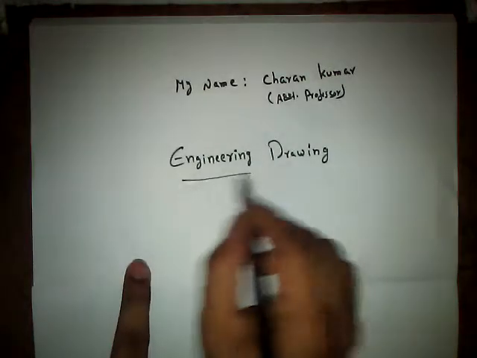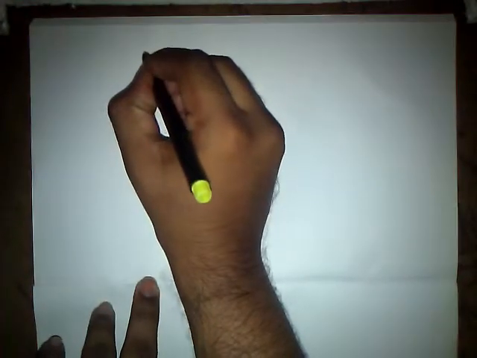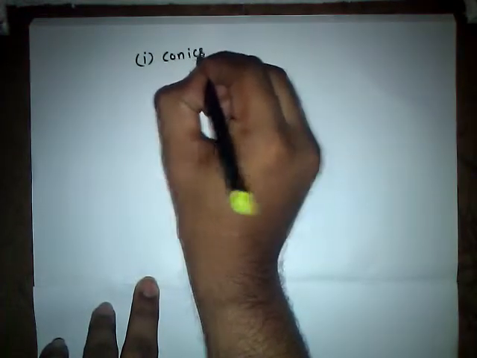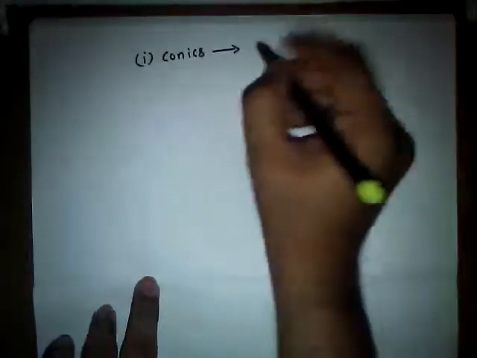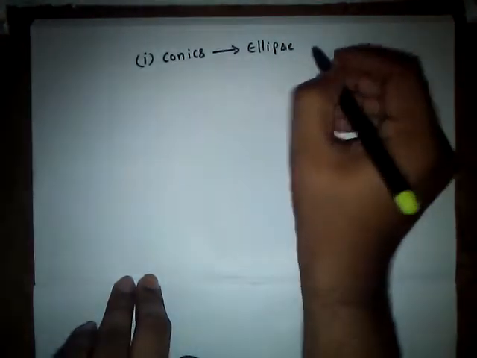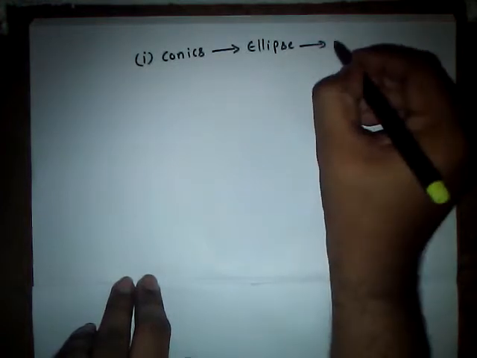So let us see what are the topics present in this engineering drawing. Topics that we are going to discuss are: number 1 is conics, among which we have ellipse, and under ellipse we have two important methods.